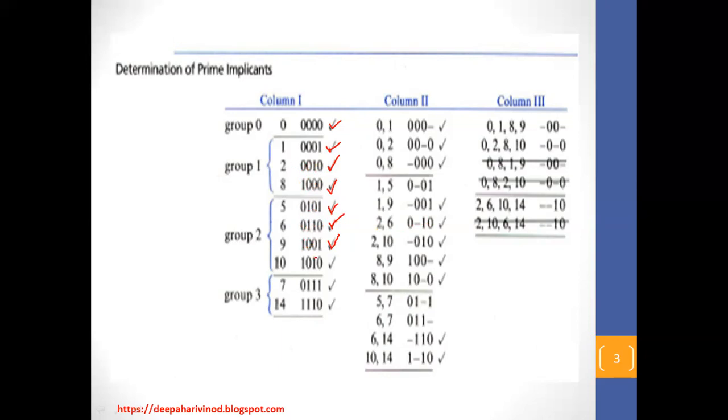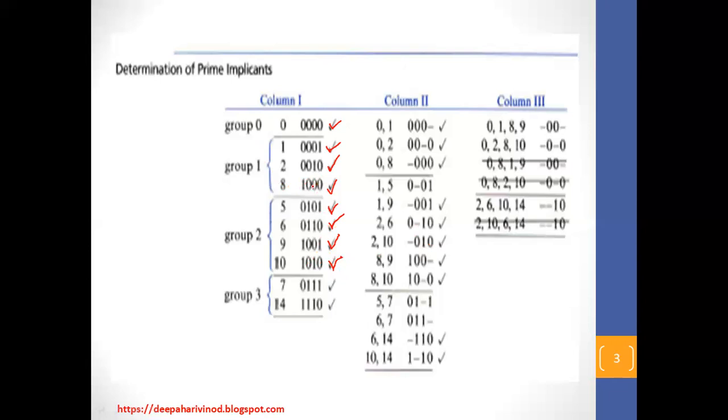Next is 2 and 10. It can be compared, so tick 10 and write a dash, since the first bit changes and the rest stays the same.